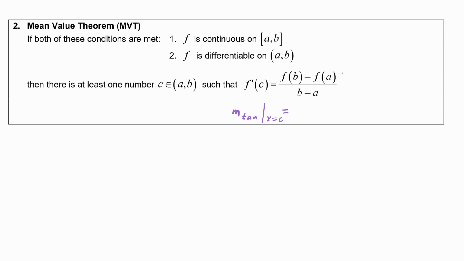So because this intersects the curve in two places, this is just a secant line. So one easy way to help yourself remember the mean value theorem is to say that you are setting the slope of the tangent at c equal to the slope of the secant through the endpoints.